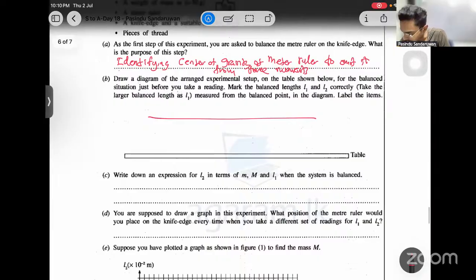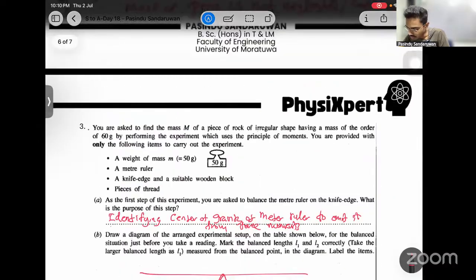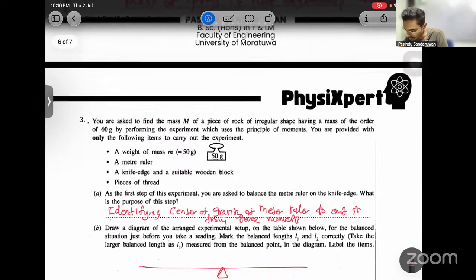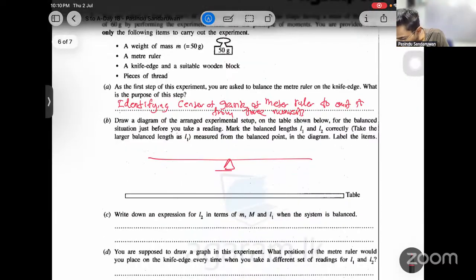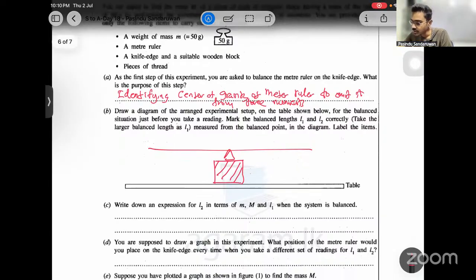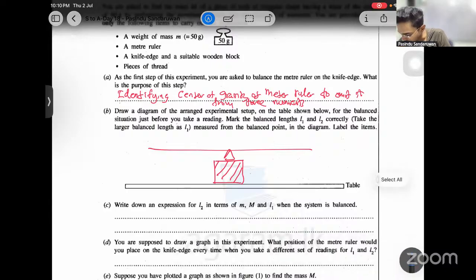Now the knife edge is given, so the knife edge should be placed, and a suitable wooden block is given. This should be kept on the block. Pieces of thread are given, so it should be suspended.